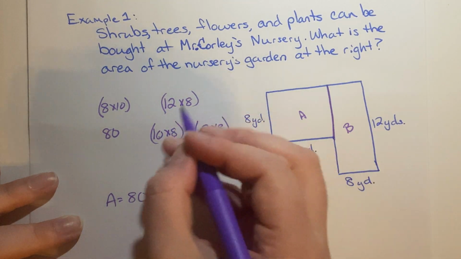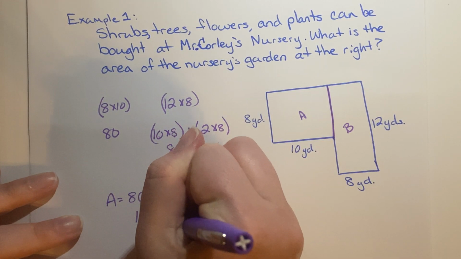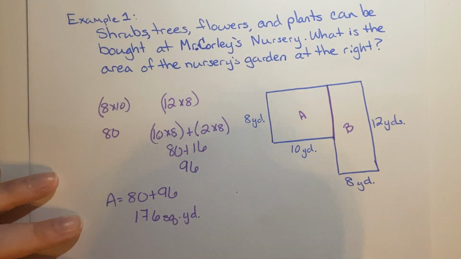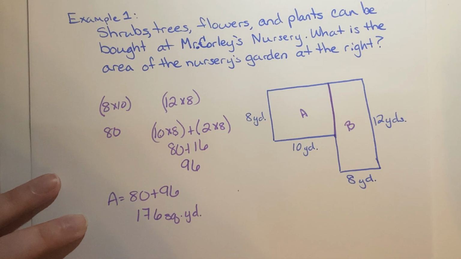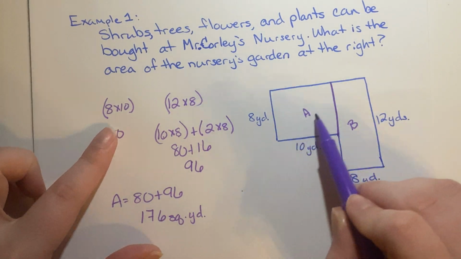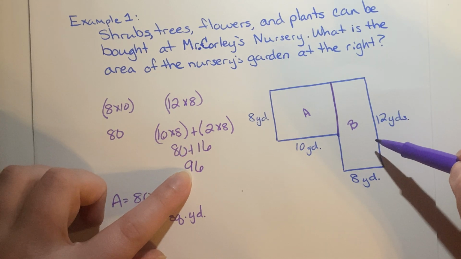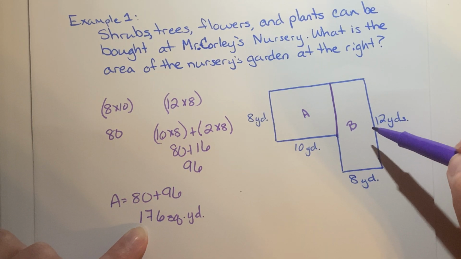So 80 plus 96 is 176 square yards. Okay, does that make sense of how we did that? Because once you add them together, it will equal 176 square yards. I solved for this one, solved for this, broke it down to make it a little bit easier for me, and then added them together at the end.